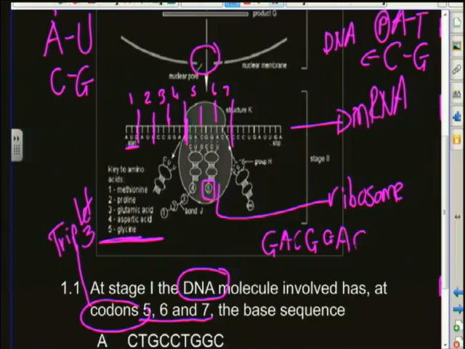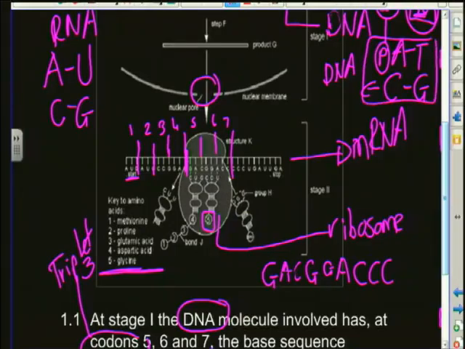Then we've got C, C, C. Now be careful. You've got the code. They want to know what the DNA would be, not what the tRNA would be, what the DNA would be.